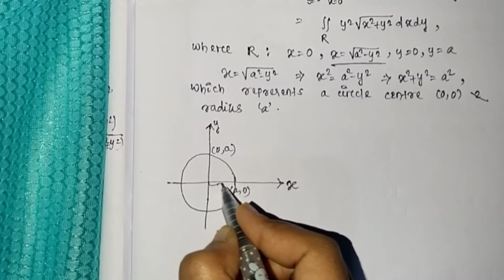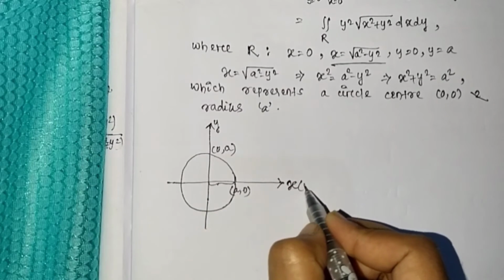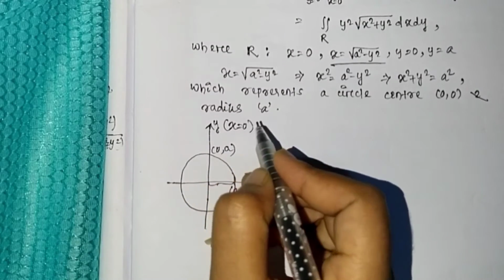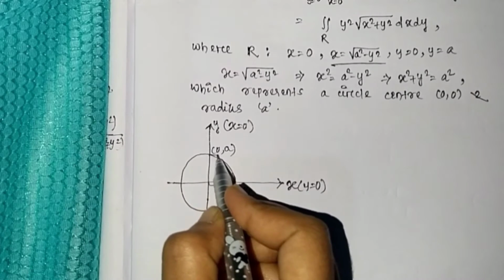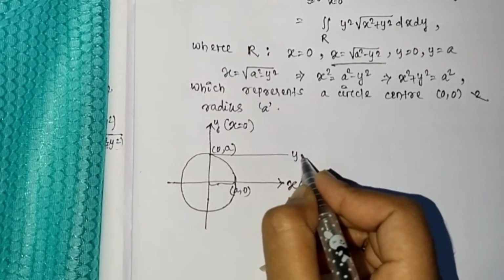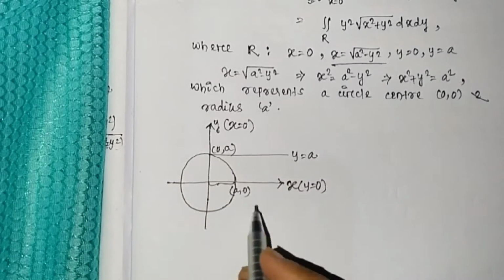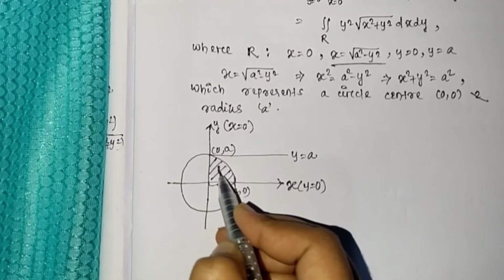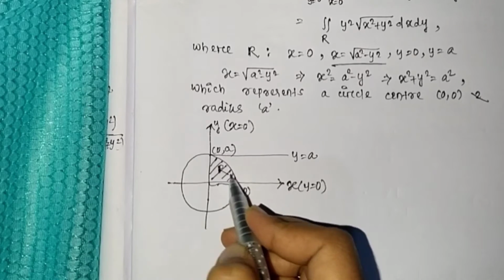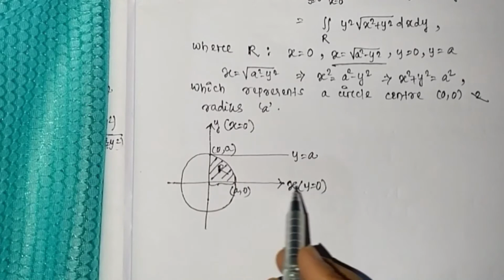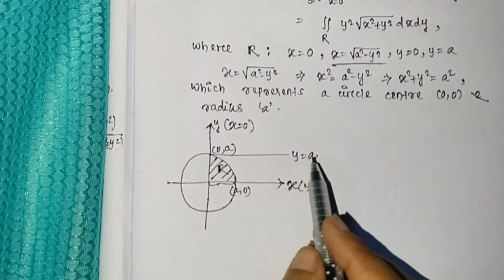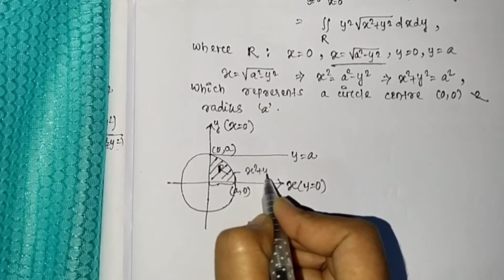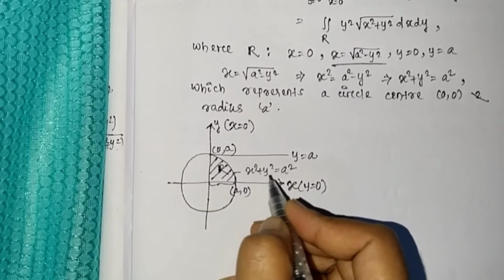So the radius is a, and then the y equal to 0 line and the x equal to 0 line are that, and y equal to a is that line. So our region R is that, bounded by y equal to 0, x equal to 0, y equal to a, and the circle x square plus y square equal to a square.